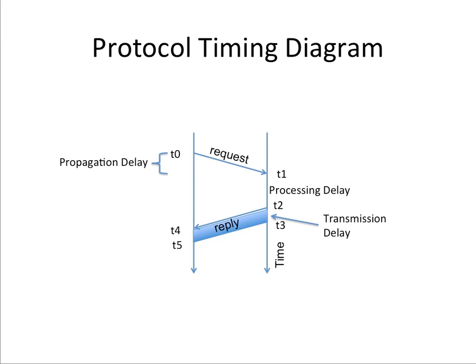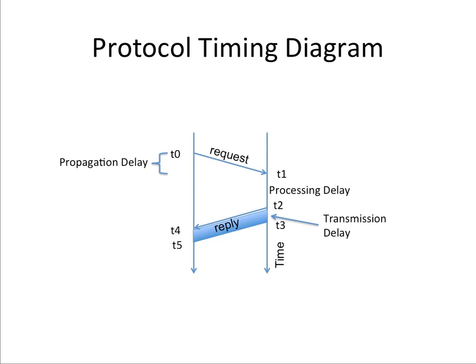Processing could be, for example, reading from a file, right? Processing could be computing some numerical value. Processing could be maybe fetching the information from yet another network service, for example. So processing could be anything that the node has to do to compute the request. So that's called processing delay.